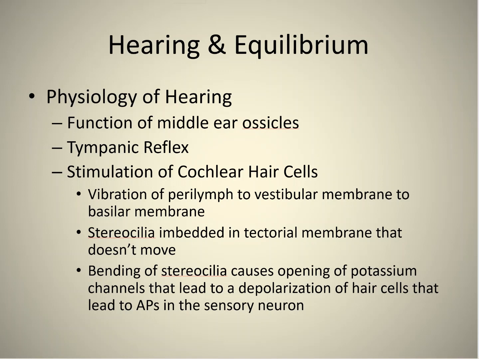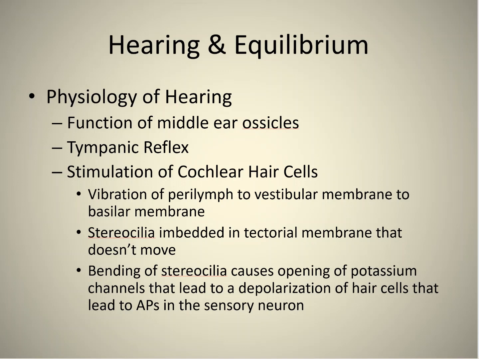Those waves go down the scala vestibuli, and there's a vestibular membrane that lines this, and this is going to cause waves from the perilymph into the endolymph, and this is going to cause movement of something called the basilar membrane.